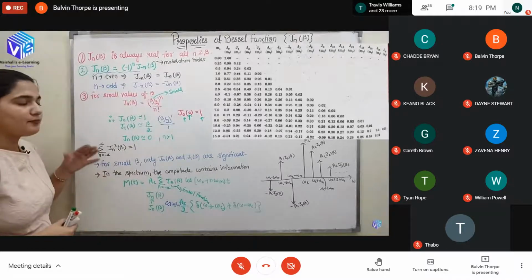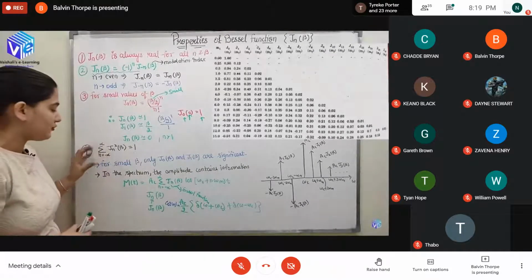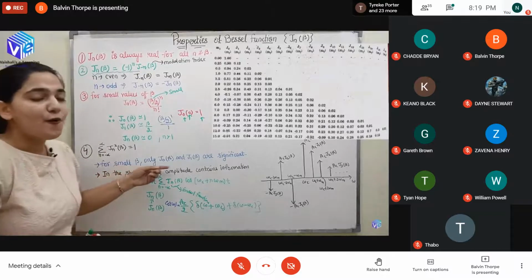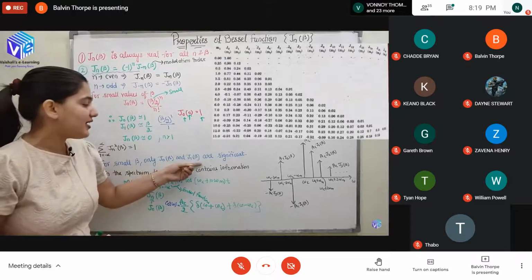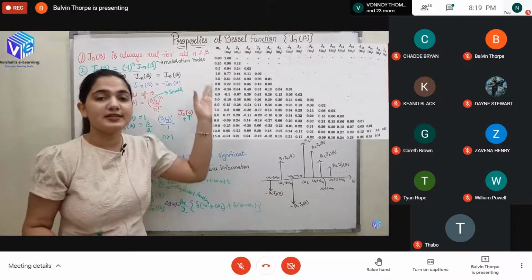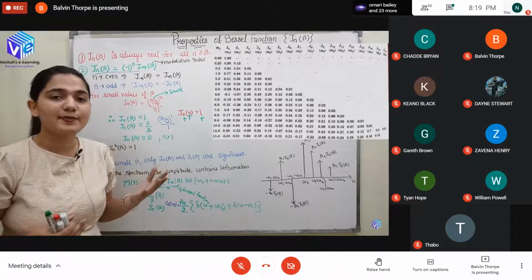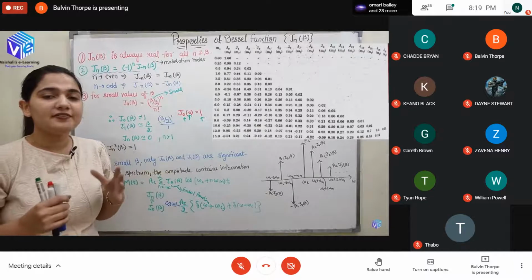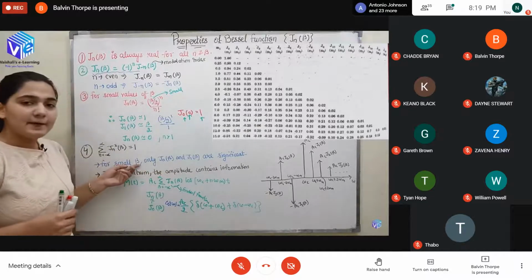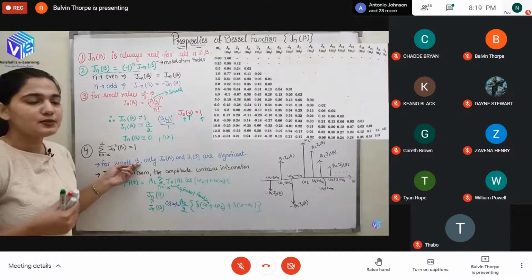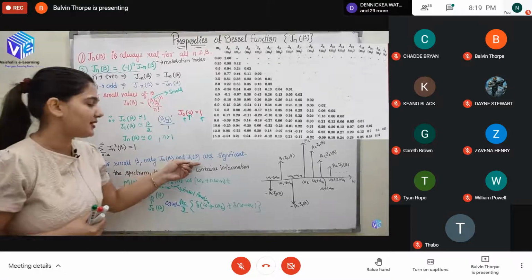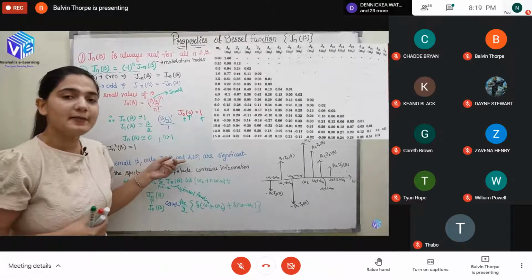Now we deduce these conclusions that for small beta, only J naught and J1 of beta are significant. You can see it from the chart, and I have already explained it in the narrow band FM as well, that if I have less beta, the modulation index is less, the information is contained in the upper sideband only.